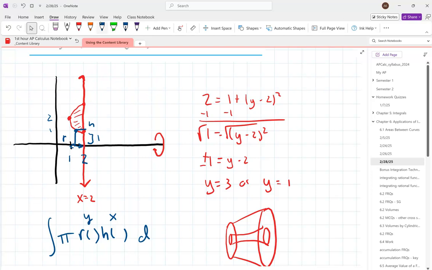The variable with respect to which I'm going to be integrating is the one where the radius is perpendicular to the x-axis, right? So that tells me we should be integrating with respect to y. So these should be r of y and h of y.